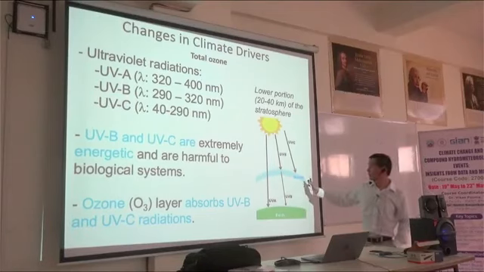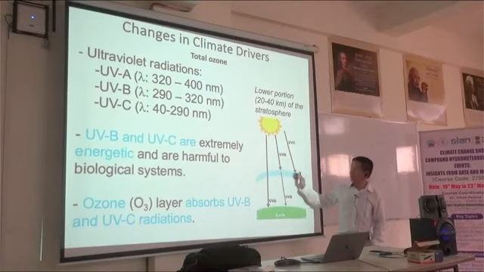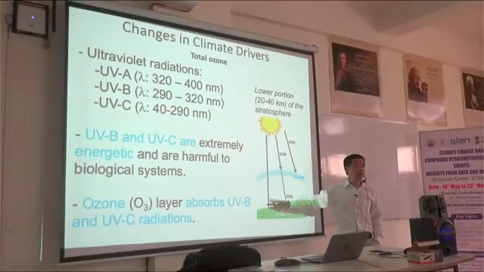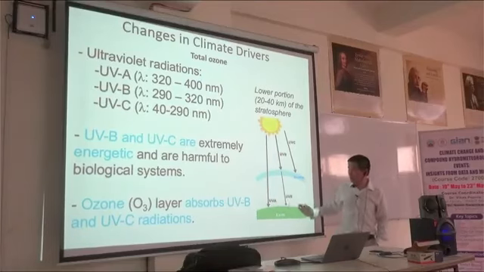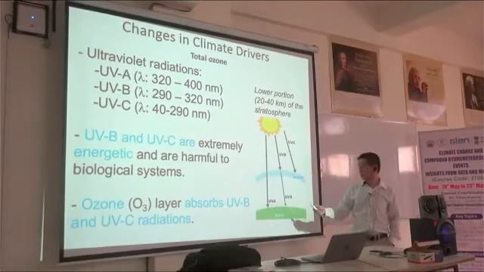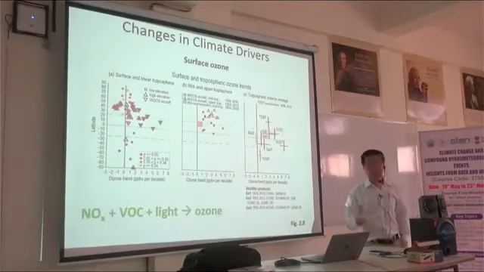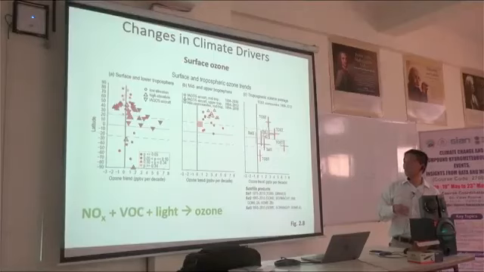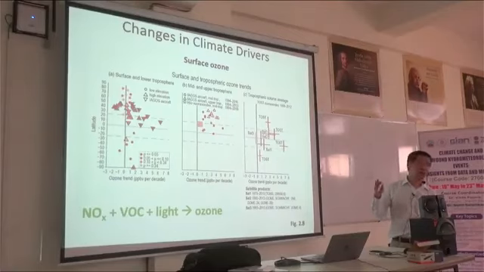But again, like we talked about, not only do we have stratospheric ozone, human activity also creates tropospheric ozone. So that is a kind of two-sided story of ozone. One is a good one, one is a bad one. That is surface ozone, or tropospheric ozone.